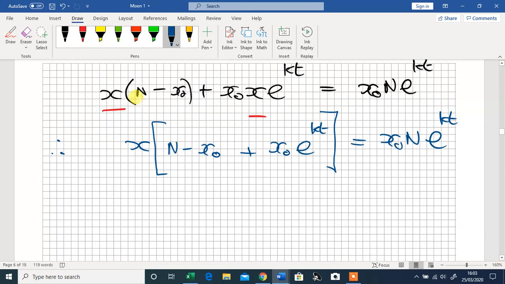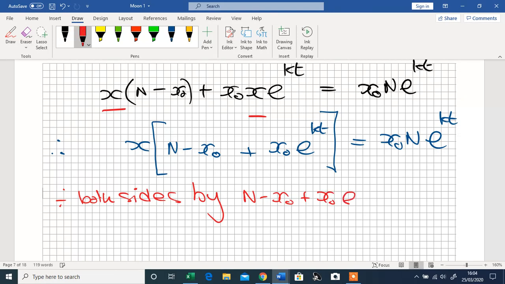So what we do now is divide both sides. Divide both sides by n minus x naught plus x naught e to the kt.